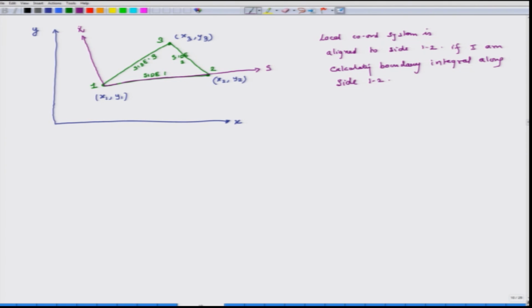So, this is the T axis. Let us say this side, side 1, is A long.